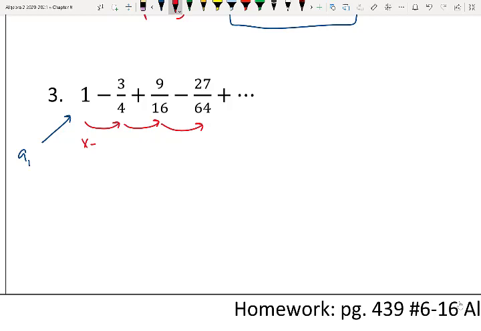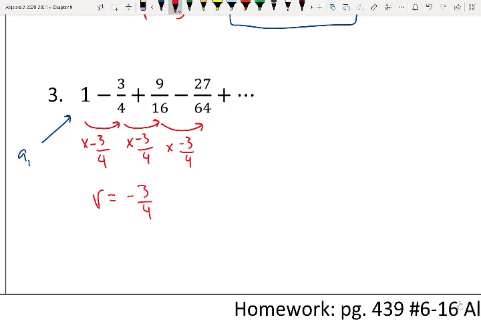If I'm taking 1 times something to give me negative 3/4, super easy. Negative 3/4 has to be that thing. Does it fit moving forward? It does. Negative 3 times negative 3 is a positive 9. 4 times 4 is 16. If I multiply again by negative 3 over 4, 9 times negative 3 is negative 27. 16 times 4 is 64. So it does fit with my series. So that tells me r is negative 3 over 4.